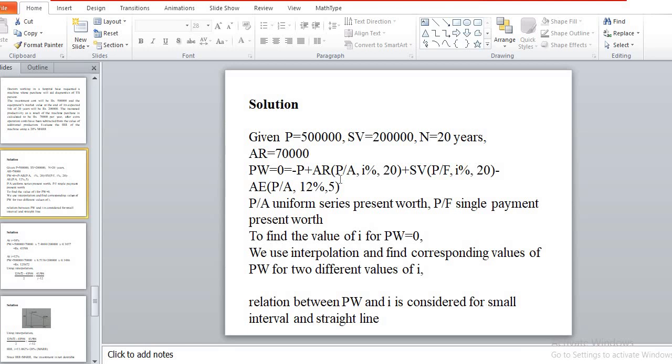For this interpolation, we consider the relation between present worth and interest rate I to be linear, represented as a straight line over a short interval.